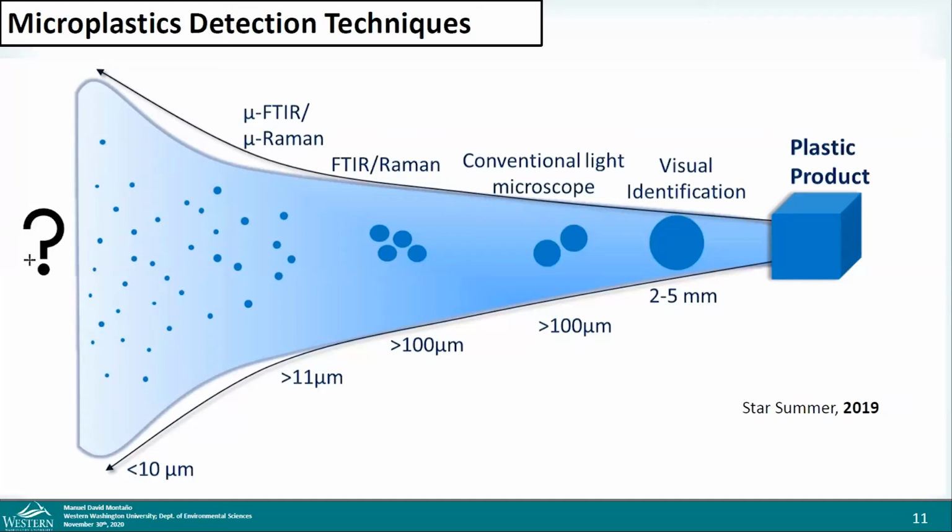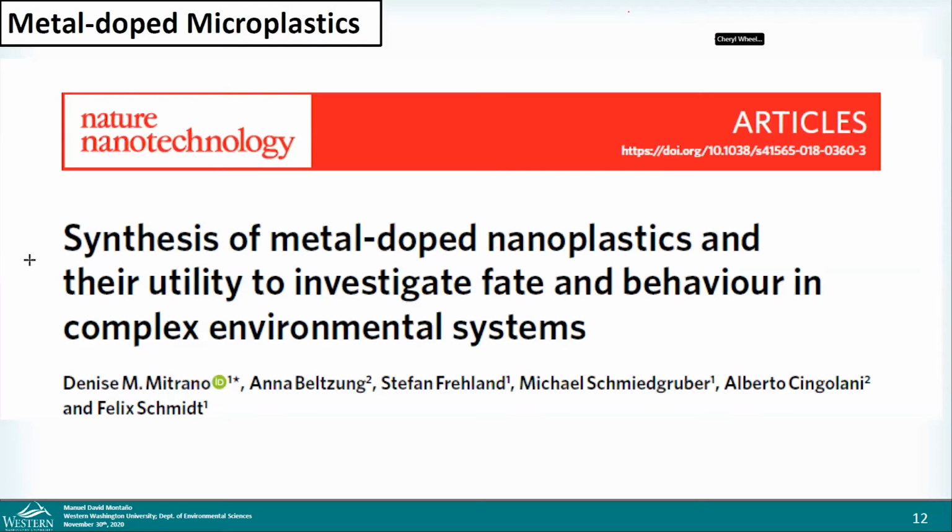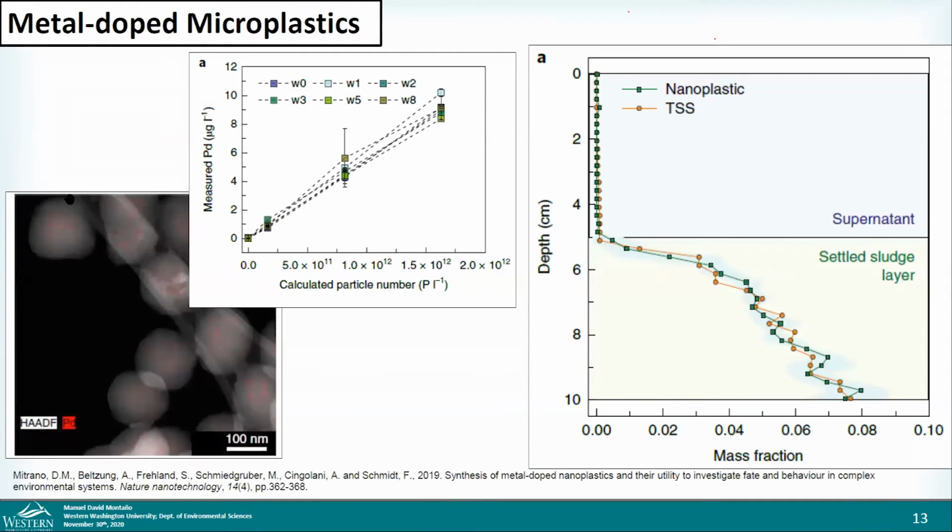And my work really started because I came across a paper from a colleague of mine at EAWAG in Switzerland, who was using metal-doped nanoplastics to investigate how microplastics move through the environment. And so what Denise Mitrano, who is now at ETH Zurich, did is she labeled these polymer particles with palladium metal.